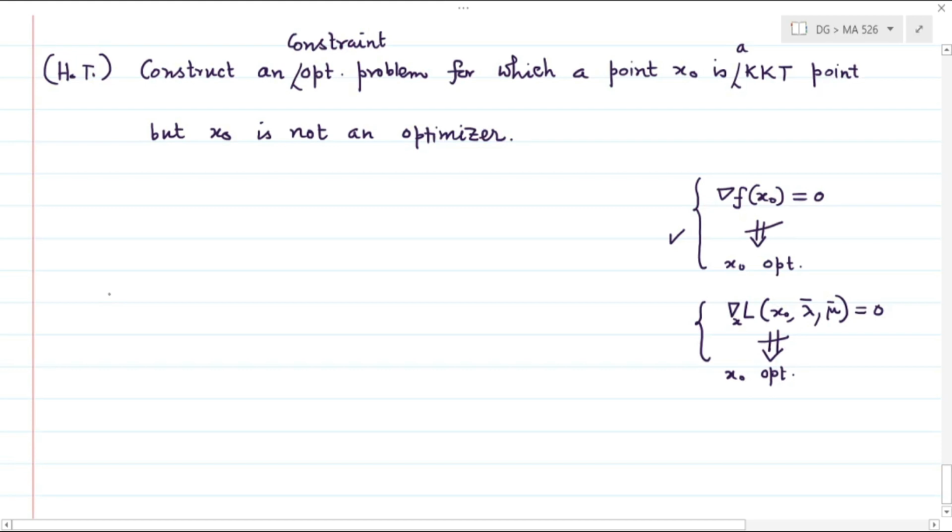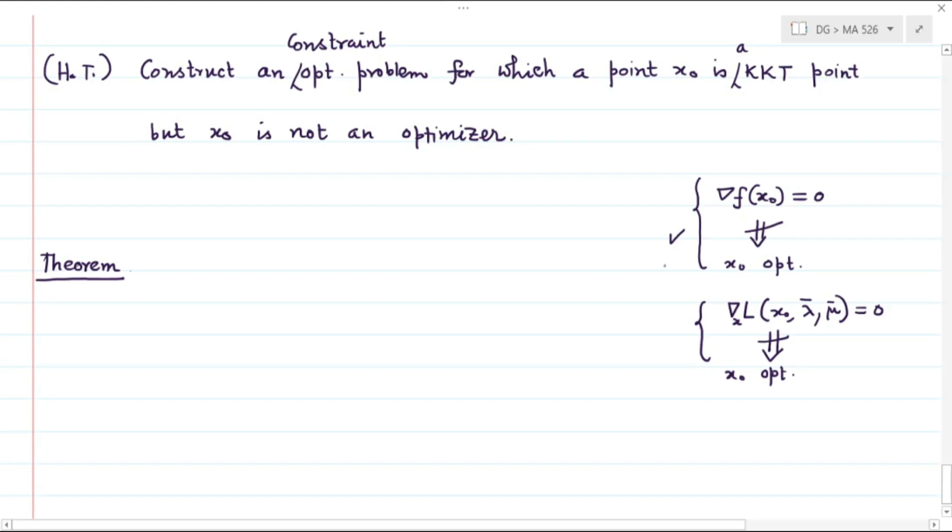Now, let me give you the first order KKT sufficient optimality condition theorem, that is, under which condition a KKT point is an optimum point. Here the condition is very simple. If your problem is a convex optimization problem, then the first order necessary optimality condition will become the first order sufficient optimality condition.